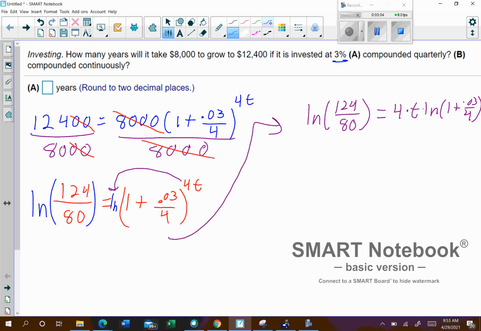Okay, and then we're going to divide both sides by the 4 and then by the natural log of 1 plus 0.03 over 4. So divide by 4 times the natural log of 1 plus 0.03 over 4.